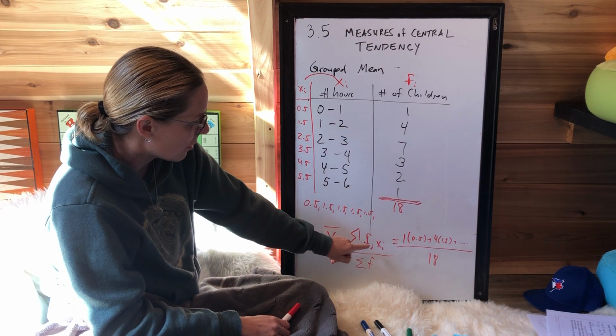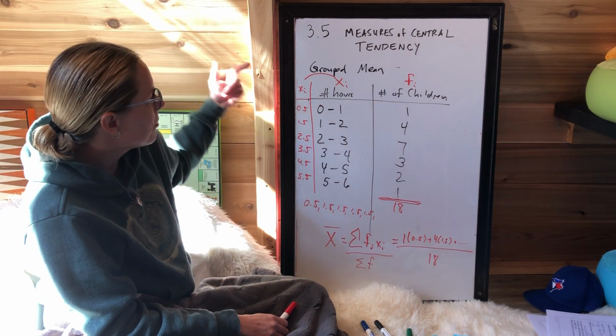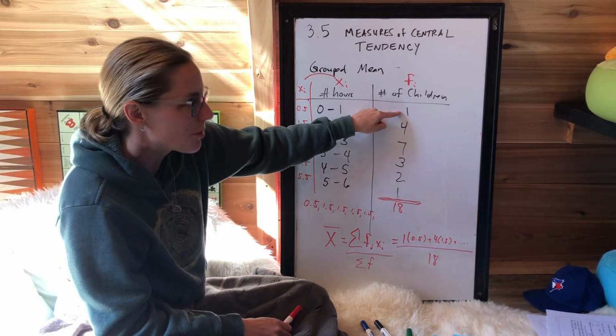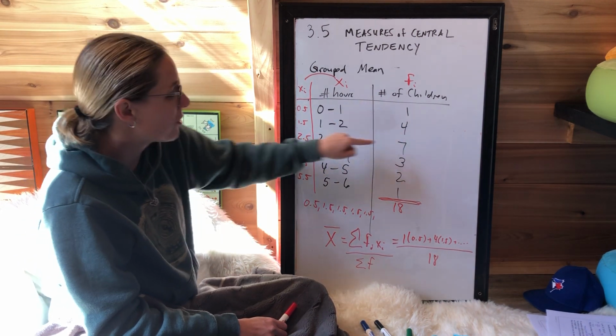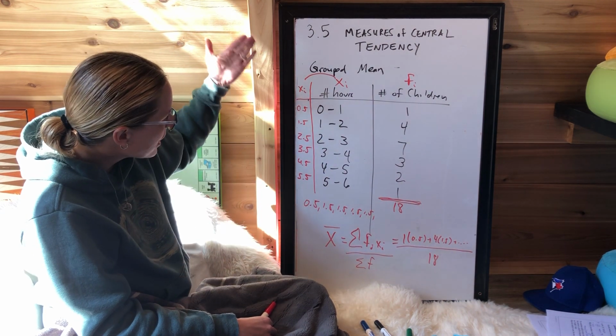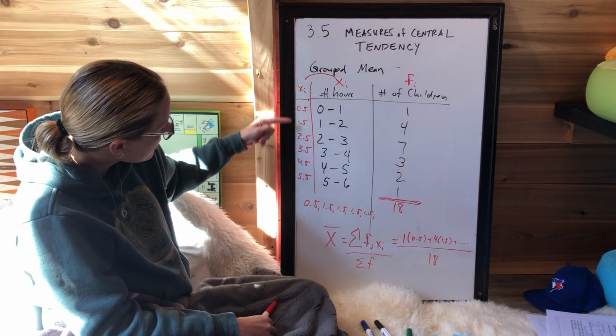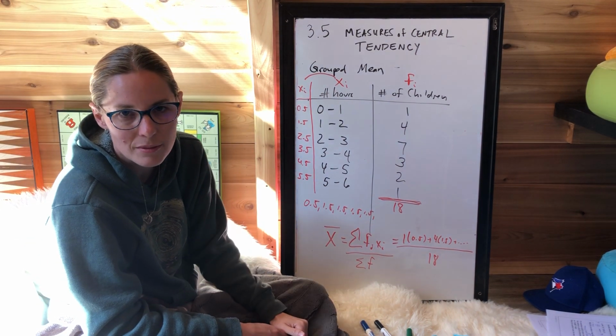So this is the sum of your frequencies multiplied by your X values. Why is the i there? Because this is X1, this is frequency 1. This is X2, this is frequency 2. X3, frequency 3. The i is just representing an index. Which number? How many i's are we going to have? Well, in this case, we're going to have 6. If there was more data, we'd have more indices.